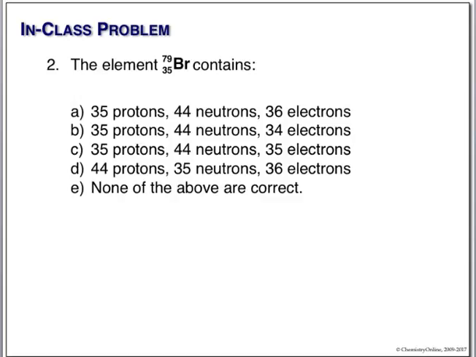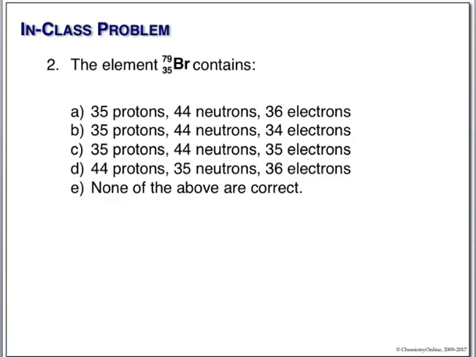All right, here we have bromine 79. Which of these properly describes bromine 79? How many protons does it contain? 35. The atomic number is the subscript, right?